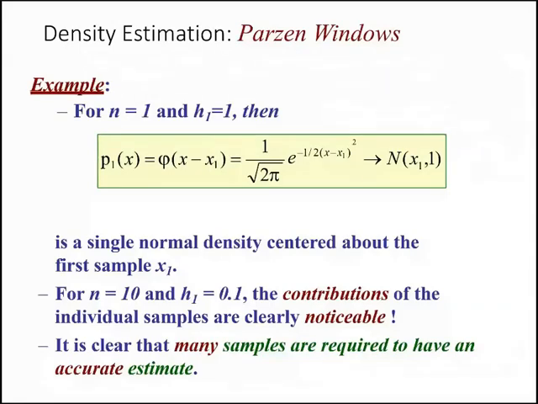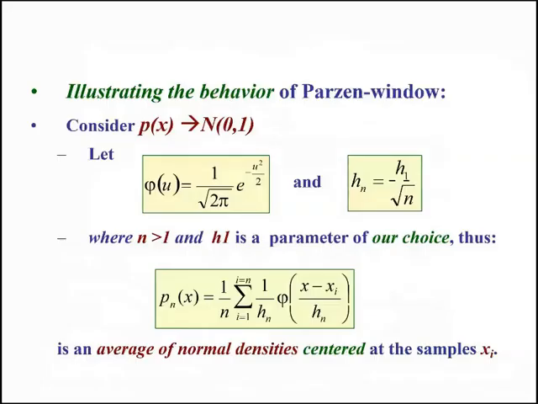So here is one example where we have considered the true distribution as normal with variance 1. So this is just one example to show how parzen window works.